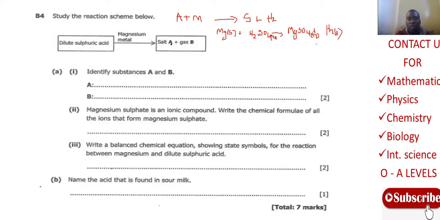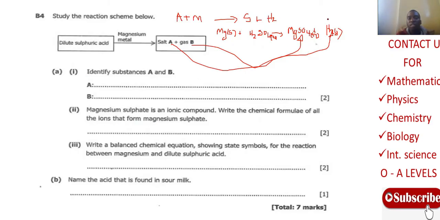So as you can tell, A here, this is the magnesium sulfate. Then B, this is simply hydrogen gas. So this is our B. Okay, identified. Then magnesium sulfate is an ionic compound. Write the chemical formula of all the ions that form magnesium sulfate. So here we are just writing the ions.